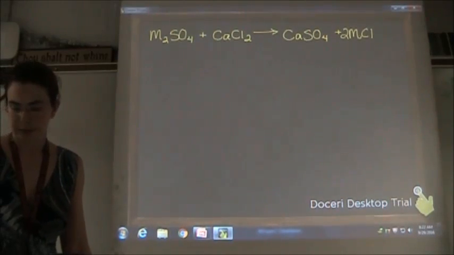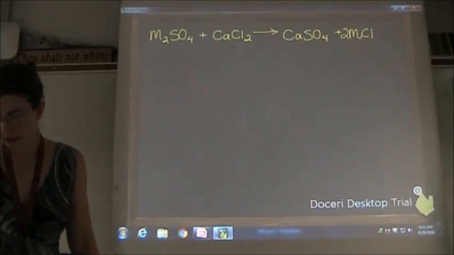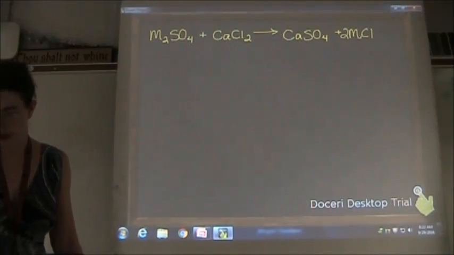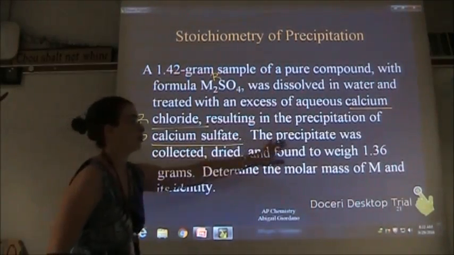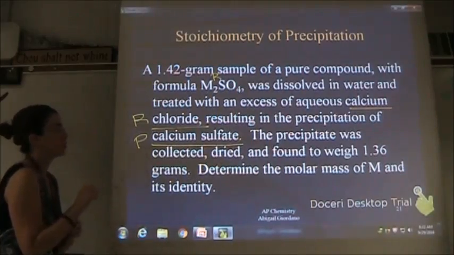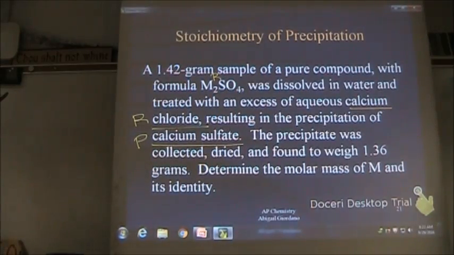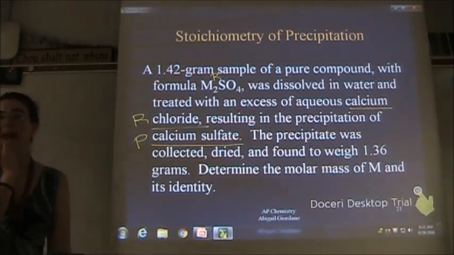Okay, so let's go back and let's actually read the rest of the question here. All right, it says, the precipitate, this one, was collected, dried, and found to weigh 1.36 grams. Determine the molar mass of M and its identity.